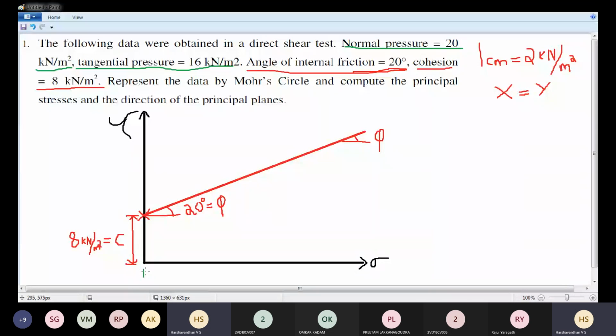So from 0, I'll measure 20. 1 centimeter is equal to 2 kilonewton per meter square. So 20 kilonewton per meter square will be 10 centimeters. So I'll mark a point equal to 20 kilonewton per meter square.